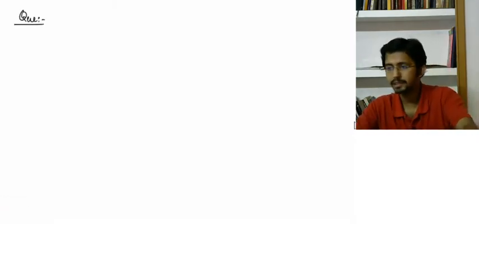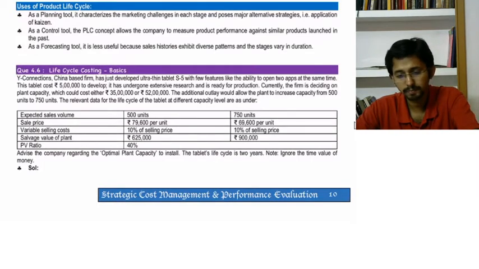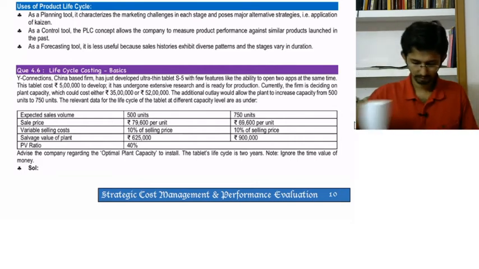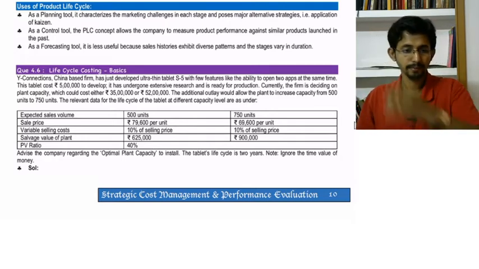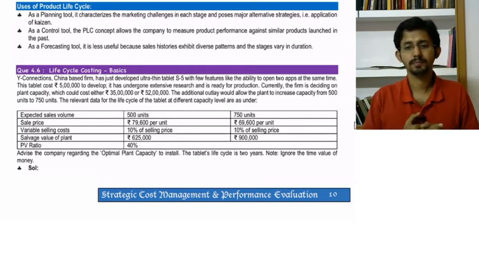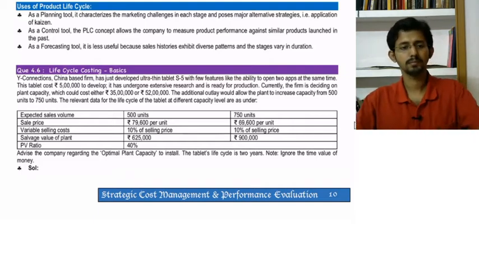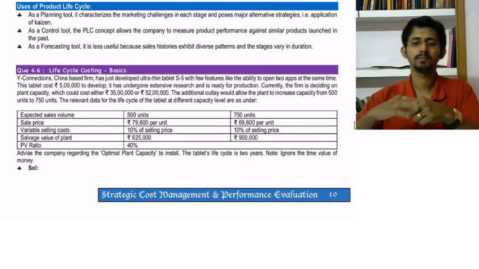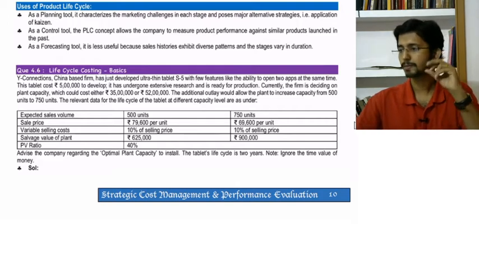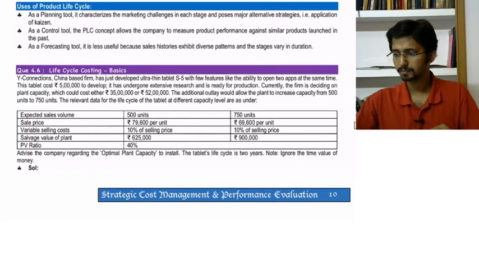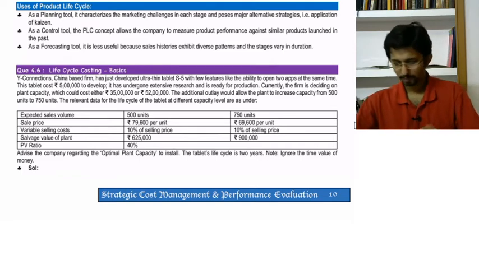Questions also will be comparatively easier, so you can read question number 4.6. Okay, we will read the question.